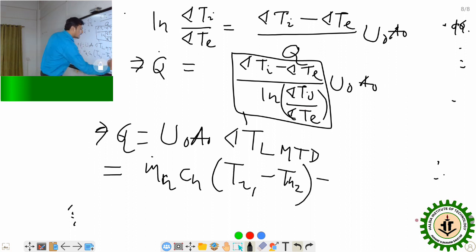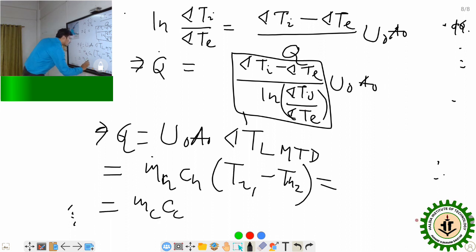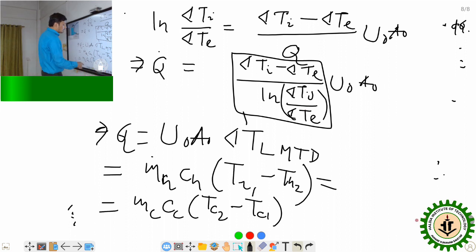The energy remains the same between hot and cold, so for the cold fluid we write MC CC, TC2 minus TC1. Why don't we write TC1 first? We write TC2 first because the cold fluid becomes hot, and hot means its temperature is more than TC1. That's why the difference is written TC2 minus TC1.